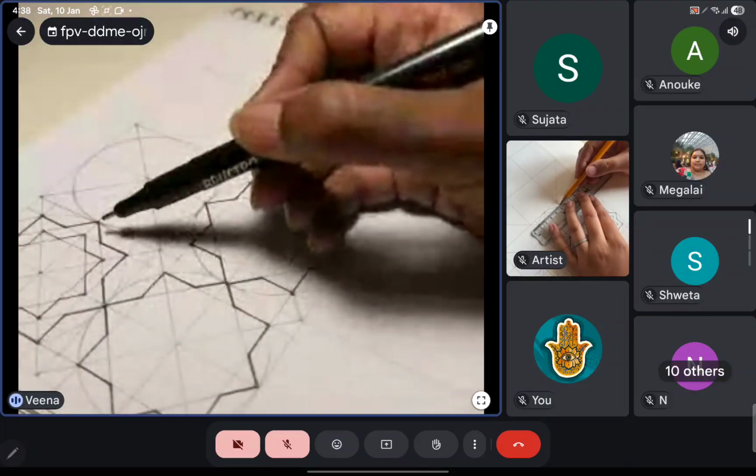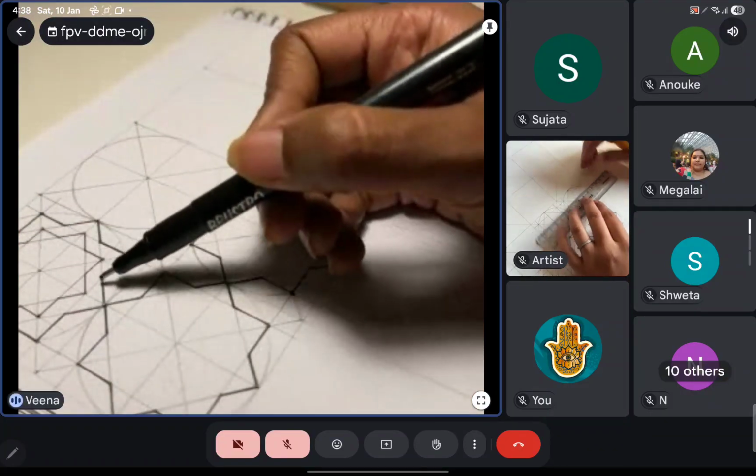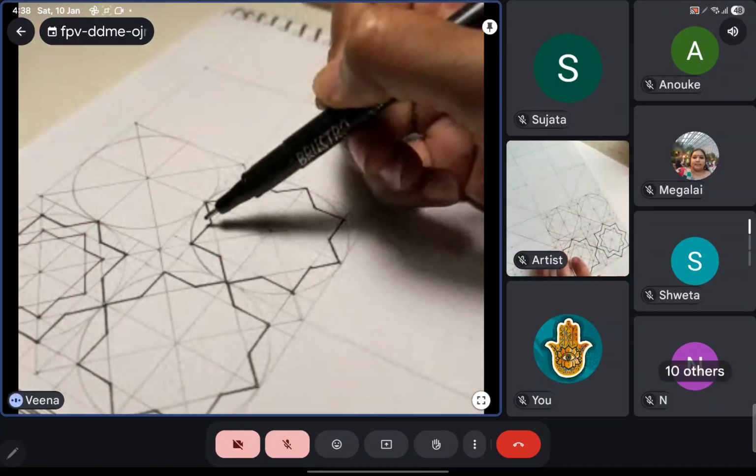So if you can see, another pattern is being formed, right?